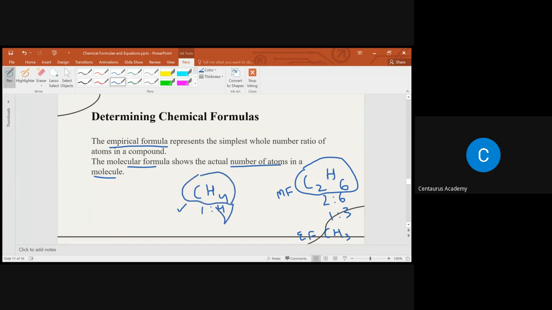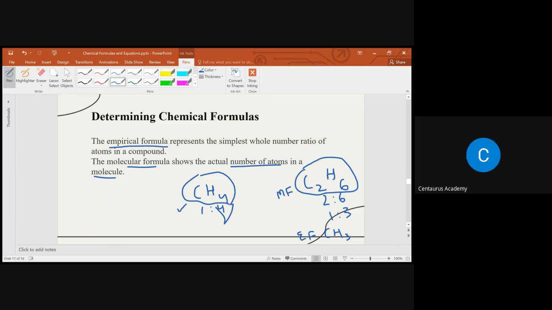Is CH4 a molecular formula as well? Or is it just the empirical formula? It can be a molecular formula as well. How? Because it cannot be further simplified.